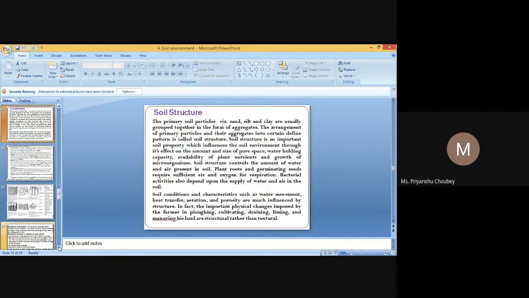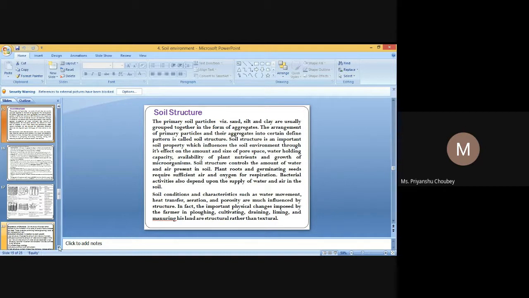Soil structure controls the amount of water and air present in soil. Plant roots and germinating seeds require sufficient air and oxygen for respiration. Bacterial activities also depend upon the supply of water and air in the soil.